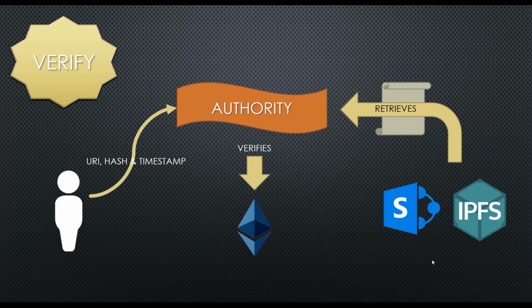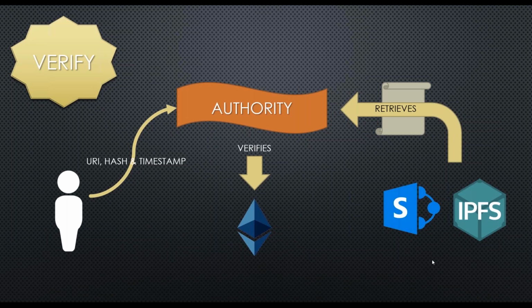All I need to do is to initiate a transaction, as in Bitcoin, where I create a transaction between two parties, and now this transaction is not transferring any money, it's just transferring information about the URI, the hash, and the timestamp of the certificate that I want to share with the authority.